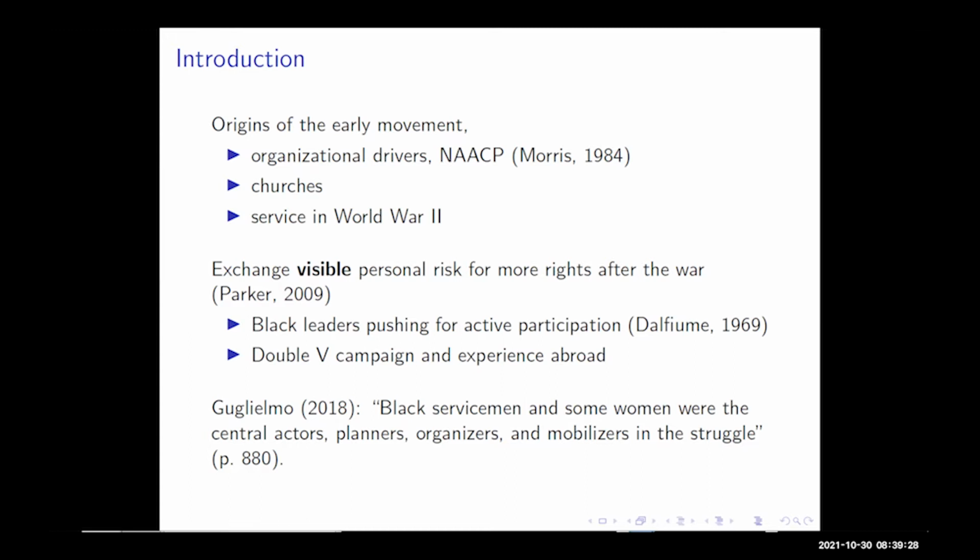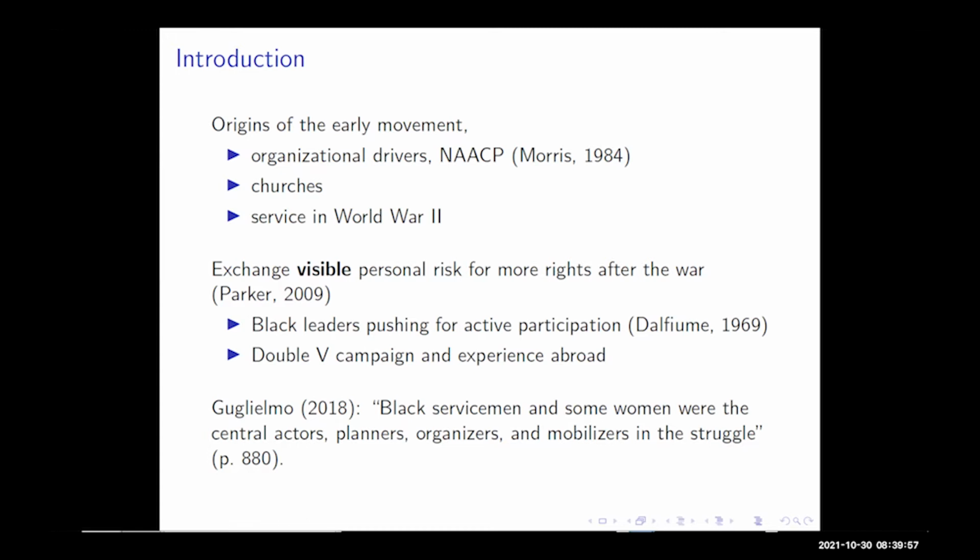And so the idea is that we pay with blood for this society, and in return, we want more rights and better treatment. So the idea is that you can formulate this social contract where you exchange a visible contribution to the societal goal of winning the war for better treatment.